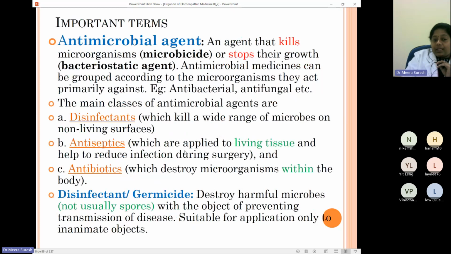Antiseptics also kill a large range of microbes, but they are applied to living tissue. When we have a wound, we use Dettol, Savlon, or whatever antiseptic, and we are using it on living tissue.